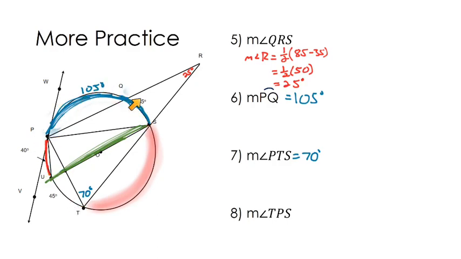So if I take 225 and subtract it from 360, I get our arc that we're looking for, which is 135 degrees. If I take that 135 and divide it by 2, it's going to give me the angle that we want. If I punch that in the calculator, that angle is going to be 67.5 degrees.